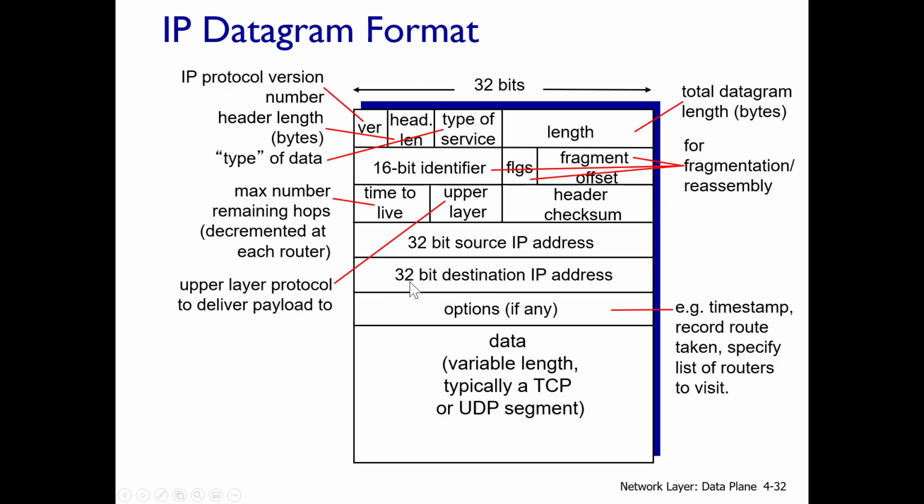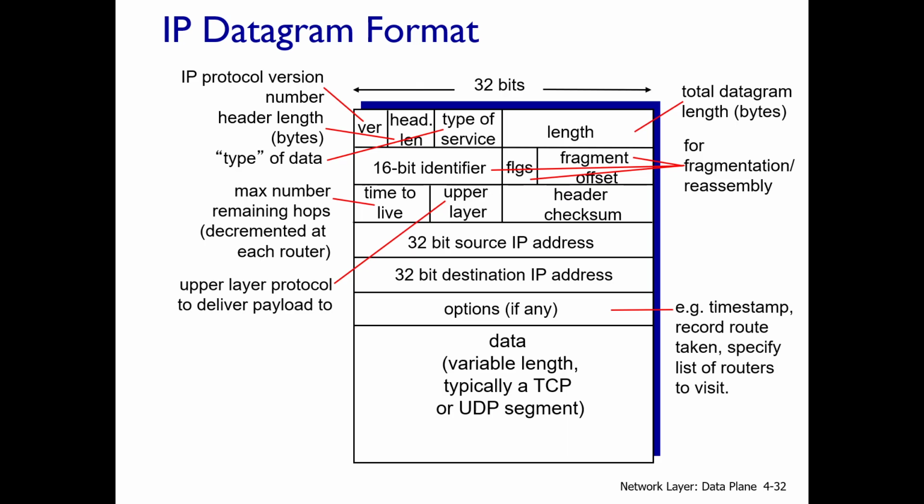This one is the 32-bit destination IP address. So basically it is your destination. We have the options field here. Usually we don't use the options field, it is 0. But there are some methods, like timestamp, record route, and so on, where you can use this options field. By definition, you can use at most 40 bytes in the options field.